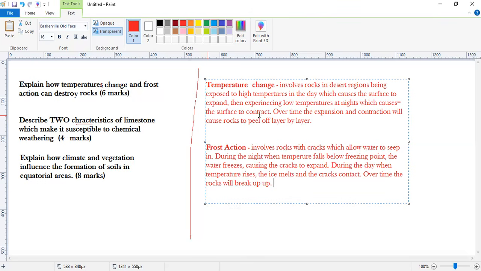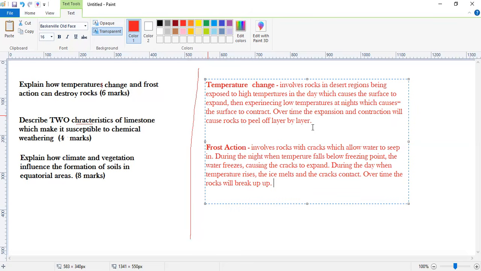What I want you to notice, both of these are physical weathering processes. And physical weathering processes usually involve some amount of expansion and contraction, or probably just expansion alone. So remember that if it's a physical weathering process, it's an explanation that you're giving.